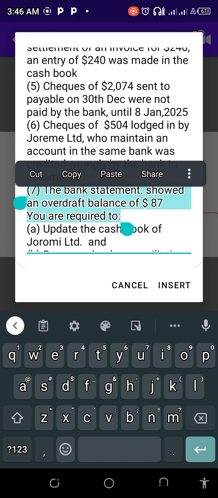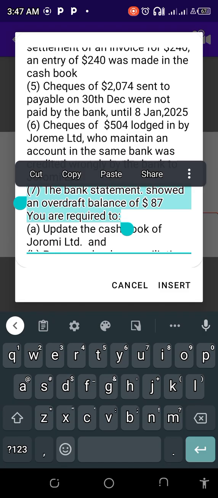That means the only items that are adjustable in the cash book are errors: errors of overpayment, underpayment, overcast, undercast, or an error made by the customer, that is in the cash book.